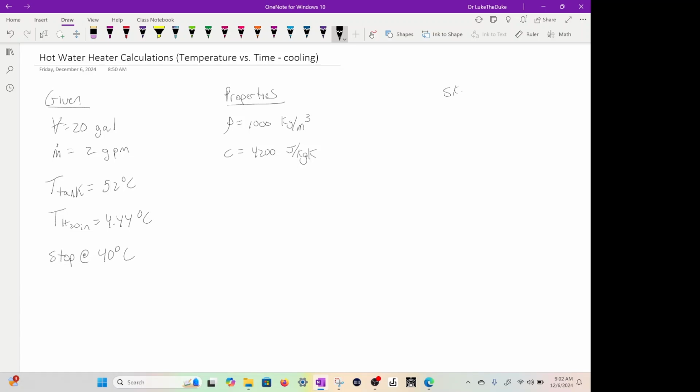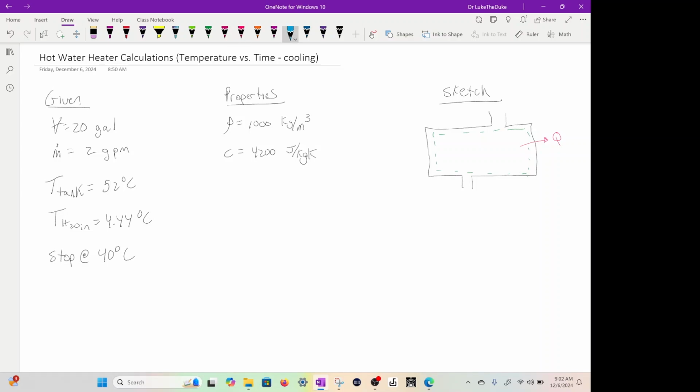So let's look at the sketch. Here is the hot water heater, and this time I'm going to put flow in. Let me do green again for the boundary. And we've got heat out.